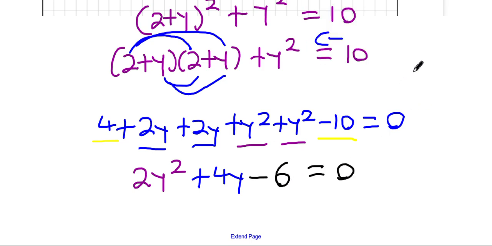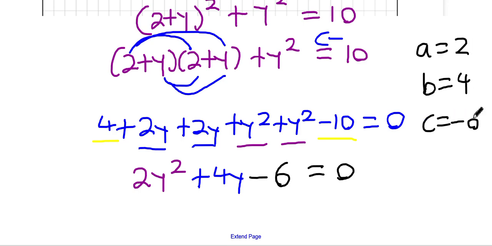Now, guess what you have to do now? The minus b formula. A is 2, B is 4, and C is minus 6. So we're all doing the minus b formula again, and we'll do it now.